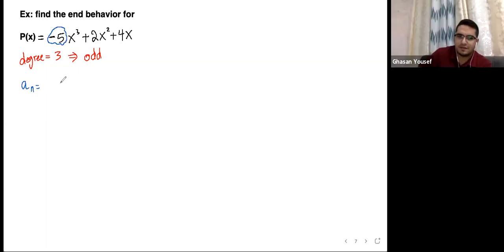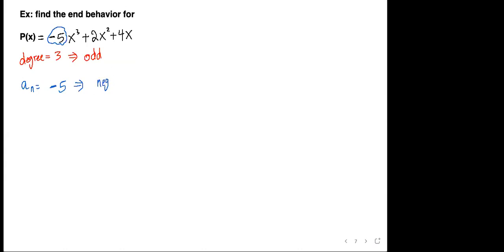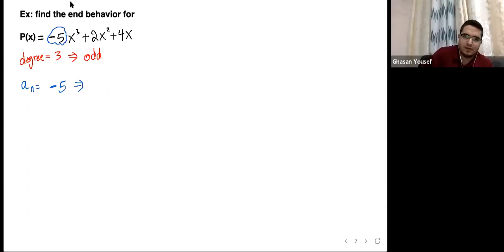Yes, it's minus 5. Correct. What is the sign for this? Is it positive or negative? Negative, exactly. Or instead of writing that, I will say a of n is less than 0. So odd and less than 0.